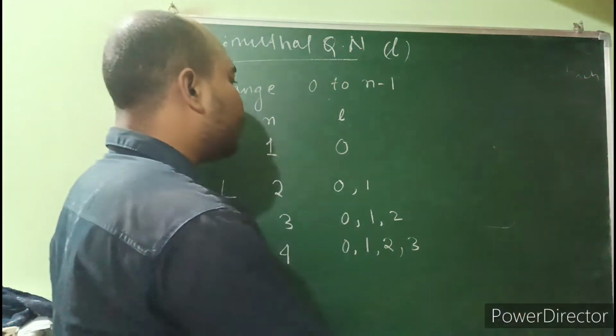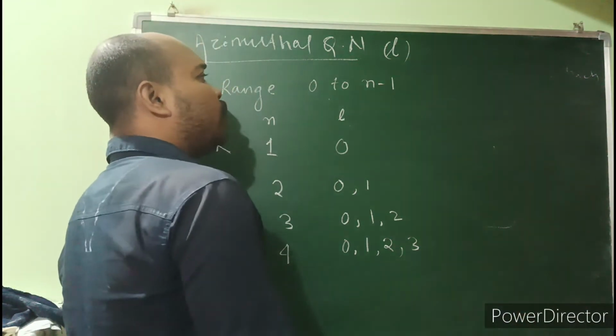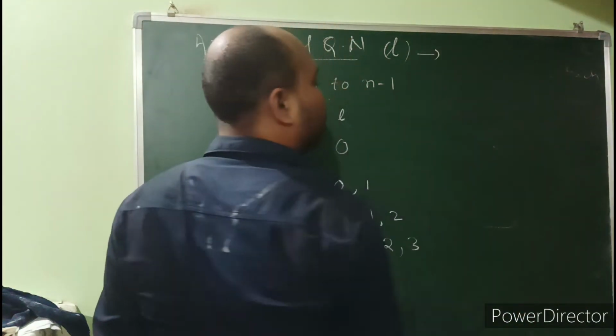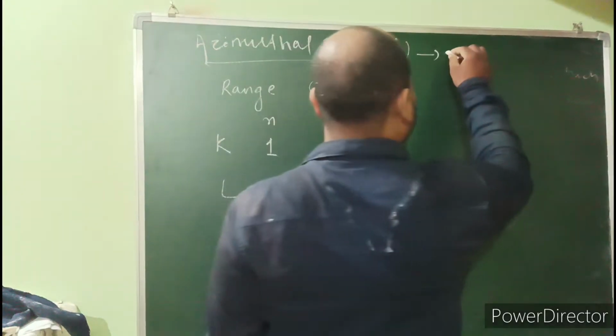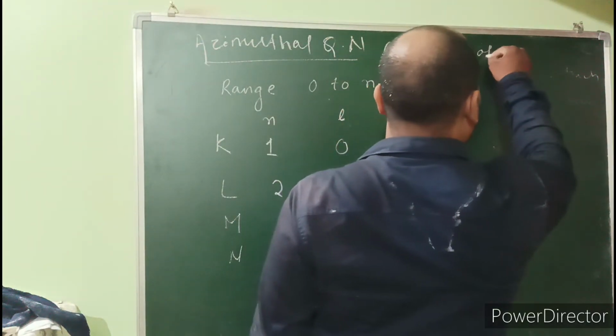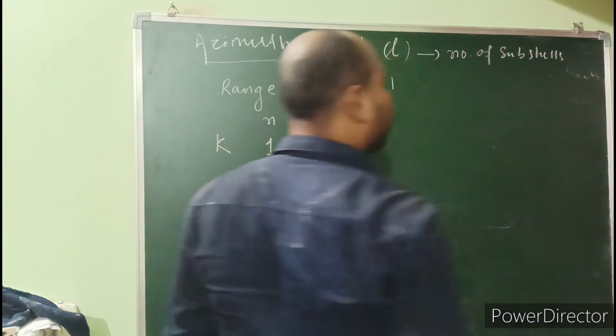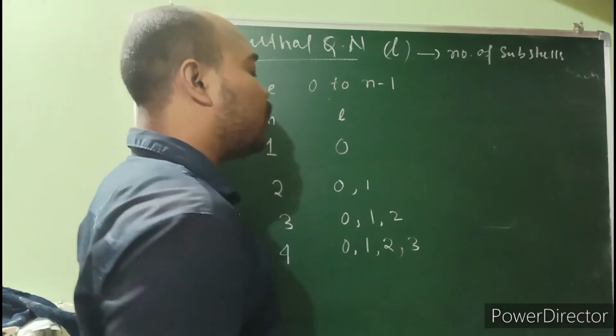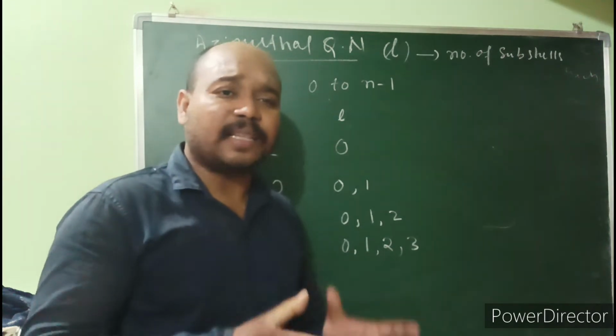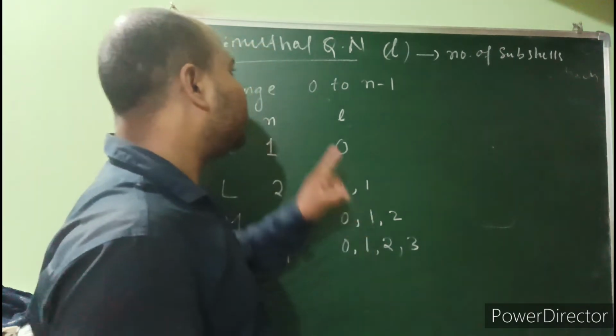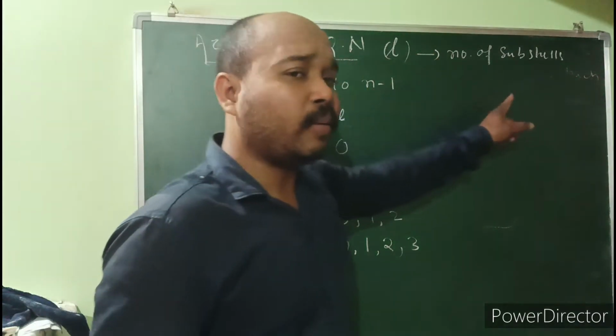So indirectly, the azimuthal quantum number determines the number of subshells present in a shell. How many subshells are there in a shell is determined by the azimuthal quantum number.